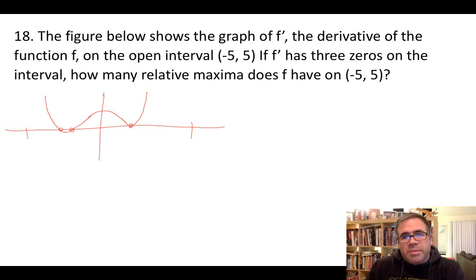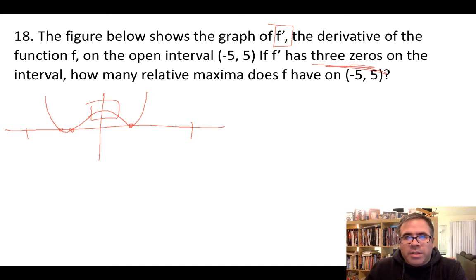This is important, especially in something where it's a figure. It says that you have 3 zeros, so there's something with 3 zeros. This is, again, a graph of f prime. This is not actually f. So you shouldn't look and see, oh, hey, there is one relative maximum. That is a relative maximum of f prime, not of f.